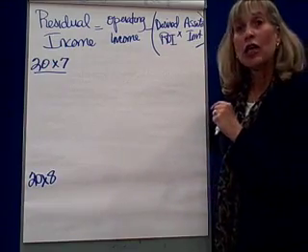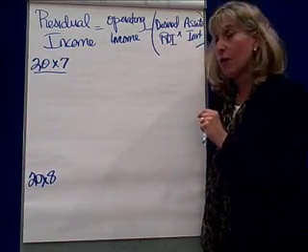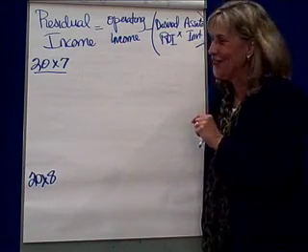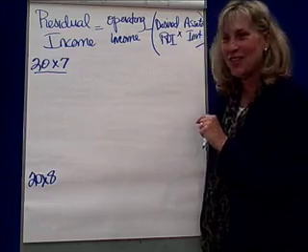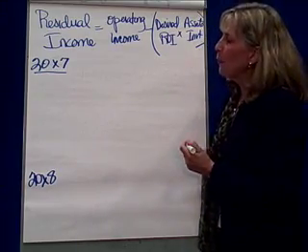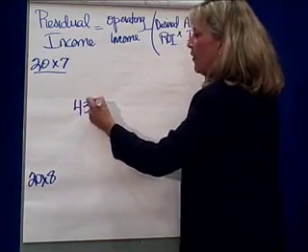So let's take a look again at problem 4 and the data that's there, and let's compute RI, residual income, for 2007 and 2008. In 2007, our operating income is $43,500.